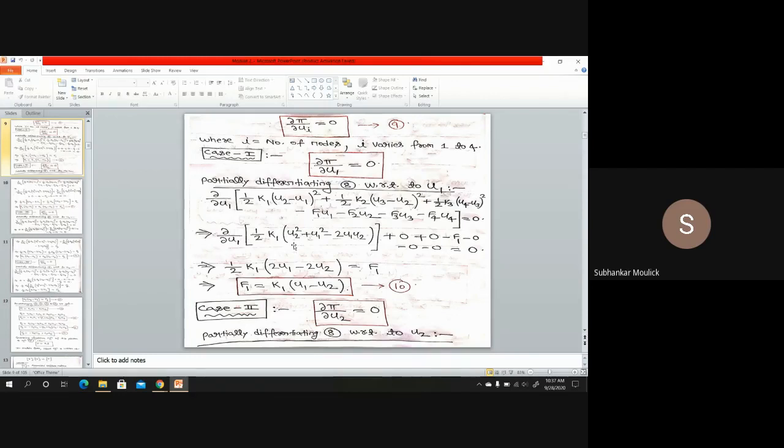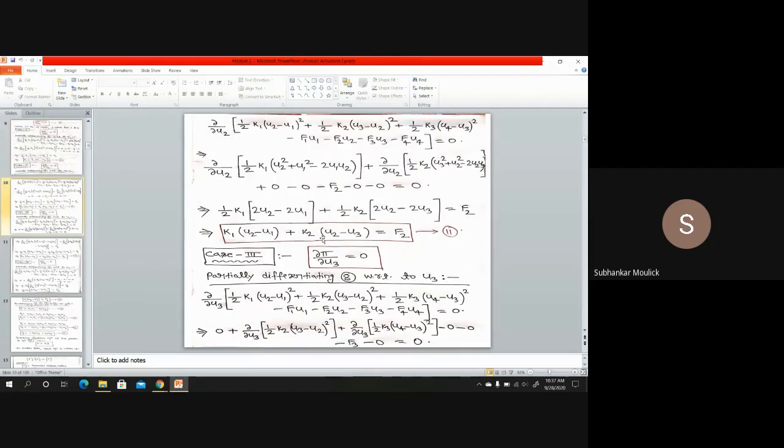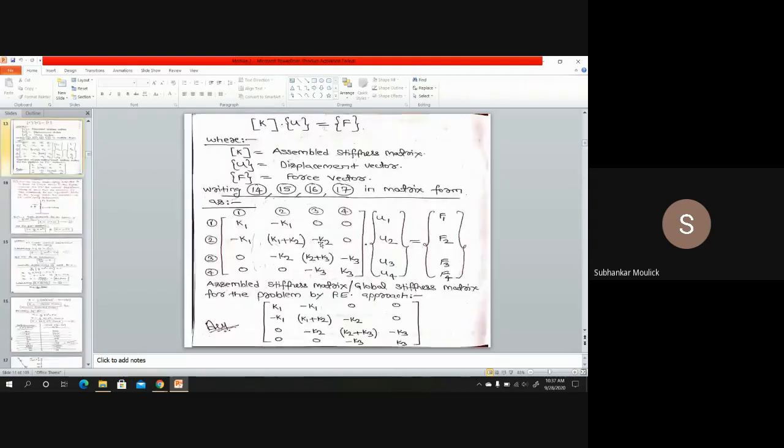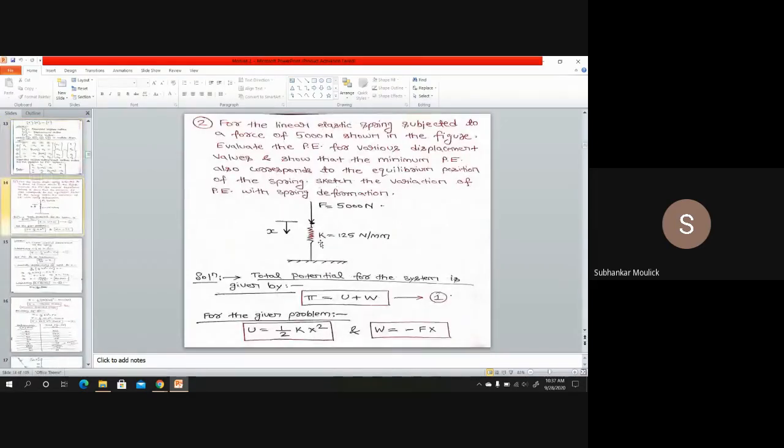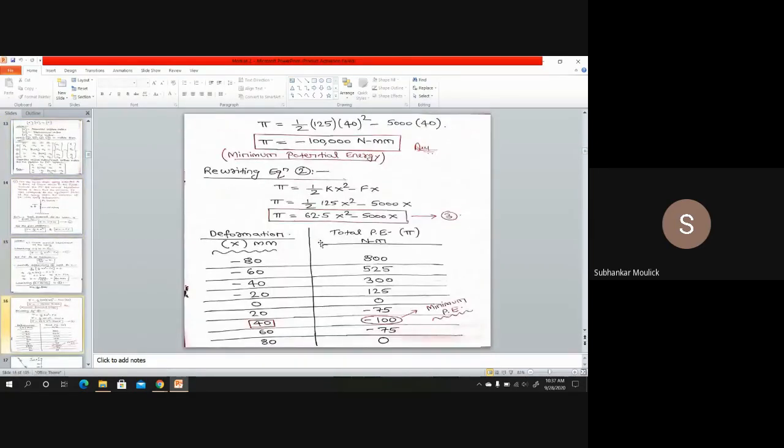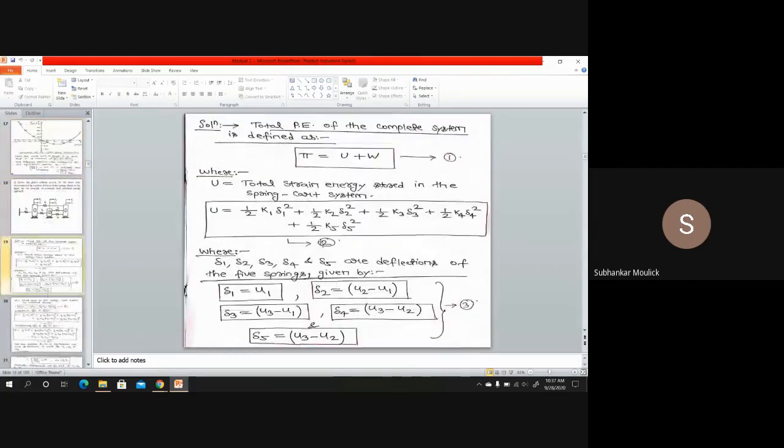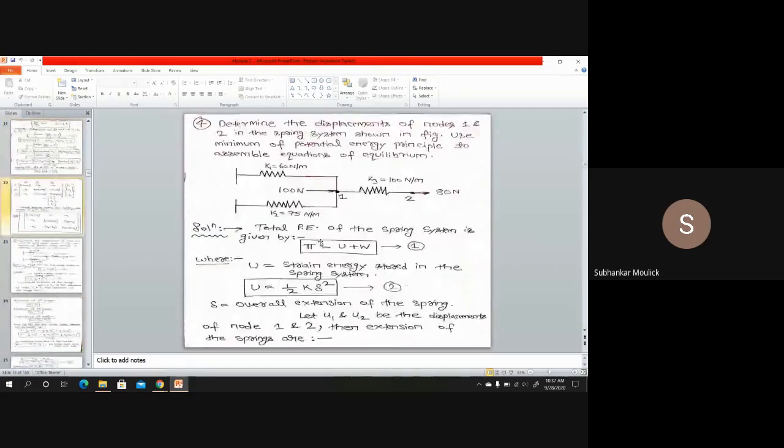Today we will solve one more problem related to that category, and then we will move on to the next topic of this module. So let us solve the fourth and the last problem related to the potential energy approach.